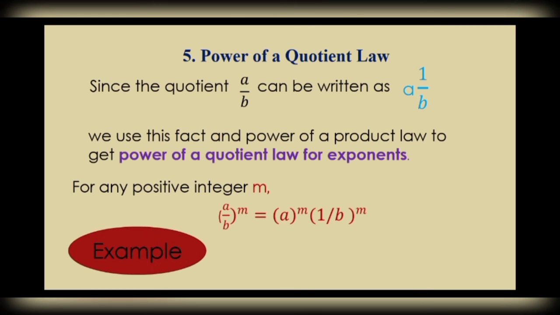Now we will apply this in an example. 5 by 3 whole squared is equal to 5 squared divided by 3 squared. So by using this law, we just separate the power in both numerator and denominator.